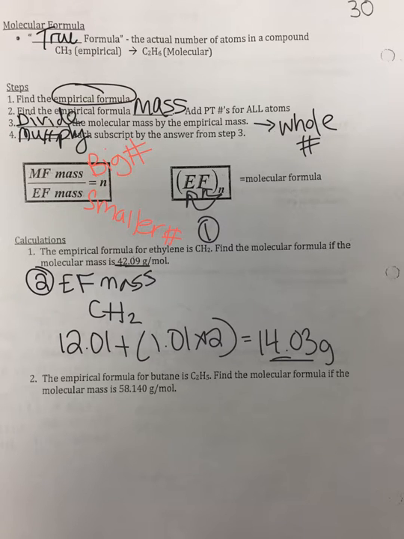Okay, so your third step is the division. You're going to do your molecular formula mass divided by your empirical formula mass, or big number over small number. So I'm going to say 42.09 divided by 14.03. Go ahead and plug that in so you can see for yourself what kind of number you should be getting.